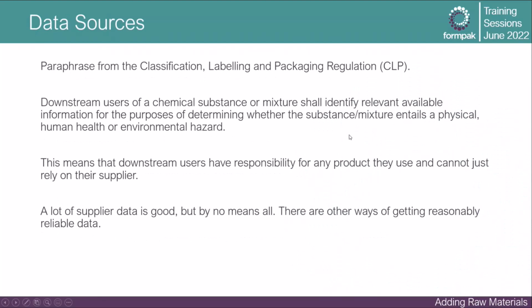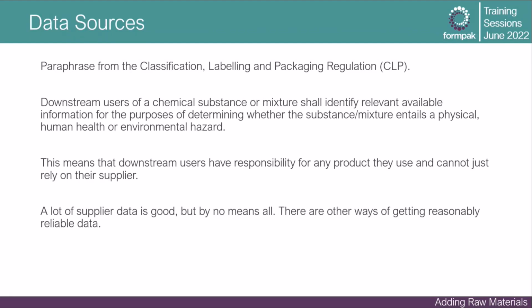So the CLP regulation of the EU, and the GB version is very much the same, states that downstream users of a chemical substance or mixture shall identify relevant available information for the purposes of determining whether the substance or mixture entails a physical, human health or environmental hazard.